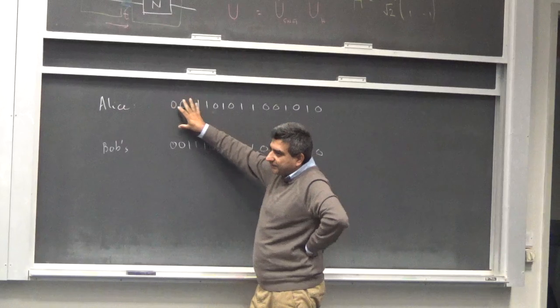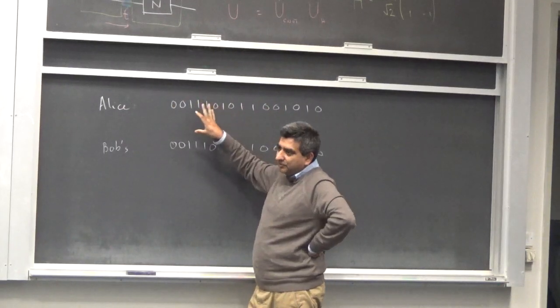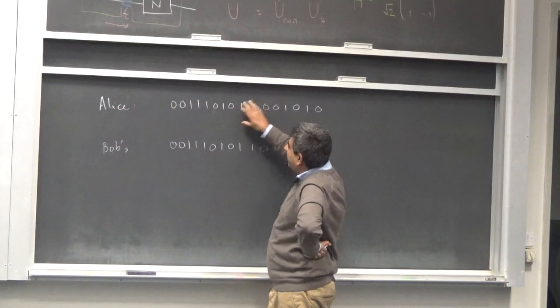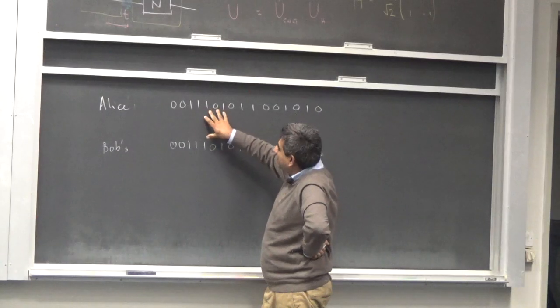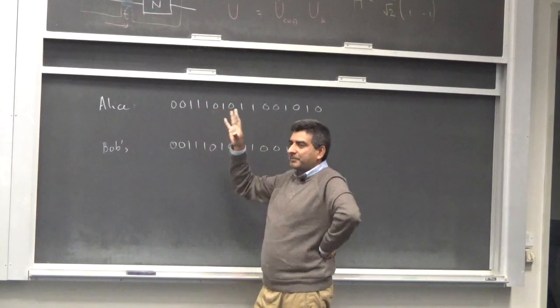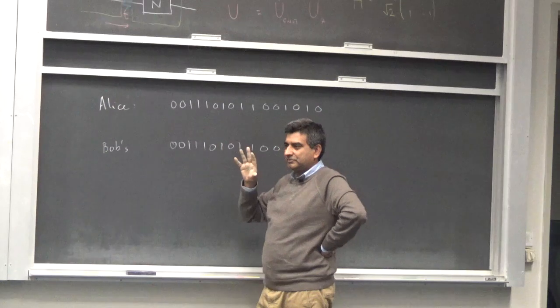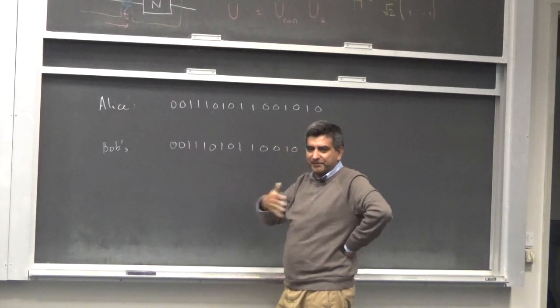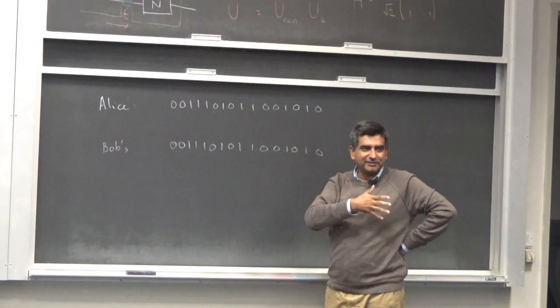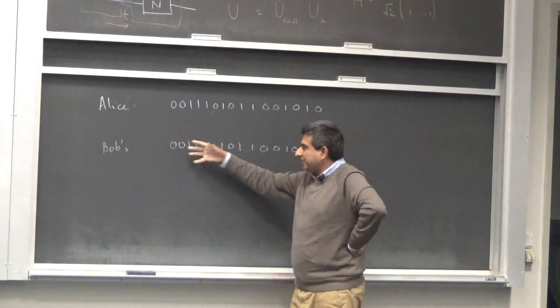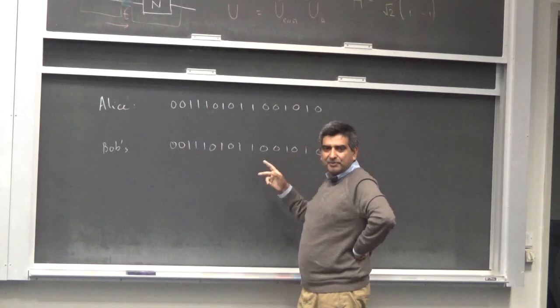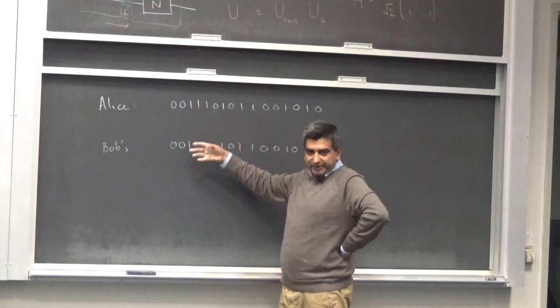So looking at Alice on her own, I am a feminine character here, looking at my own output, I get a totally random output, total garbage. It's just a random sequence of bits, carries no meaning. Bob's sequence is totally random, but they're perfectly correlated.